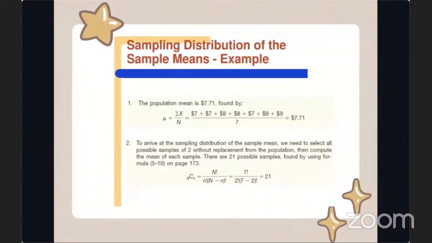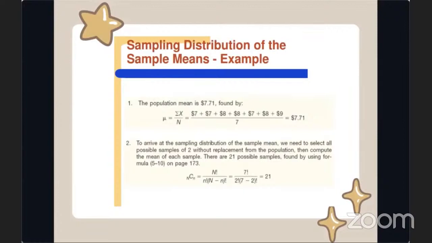Here is the example of sampling distribution of the sample means. The population mean is $7.71, found by 7 plus 8 plus 7 plus 8 plus 9 divided by 7 equals $7.71.